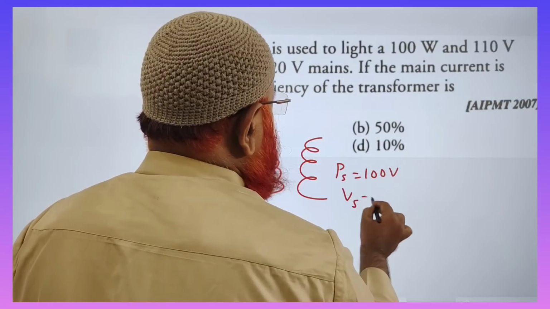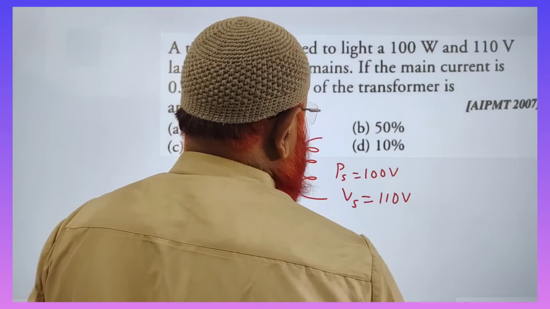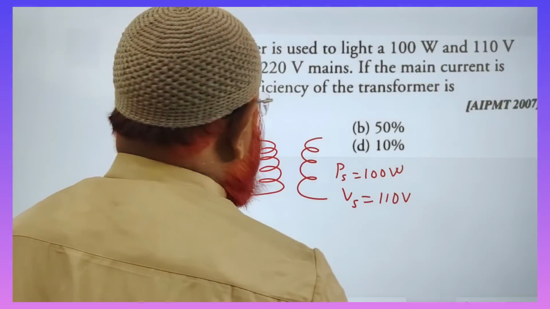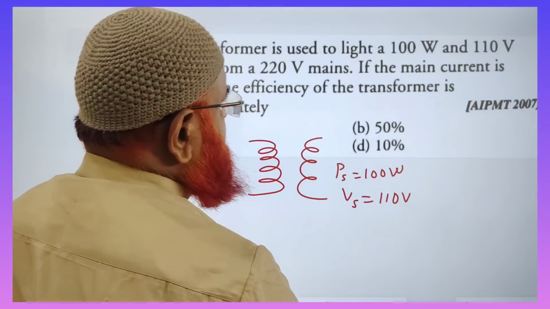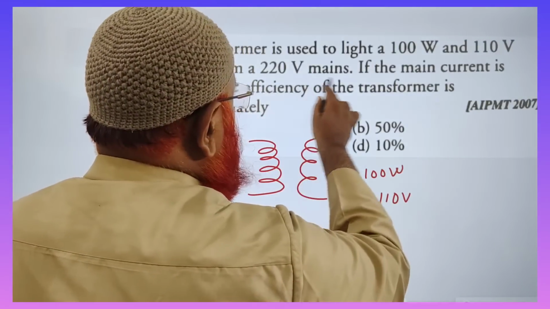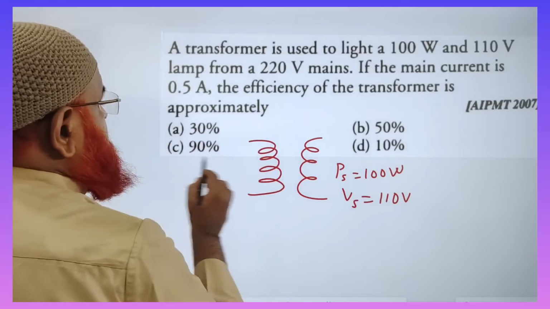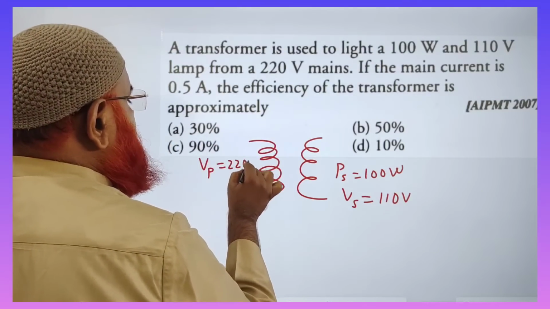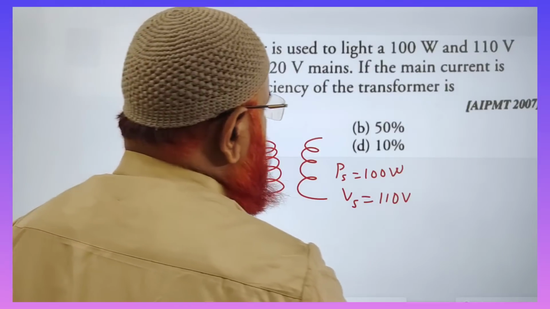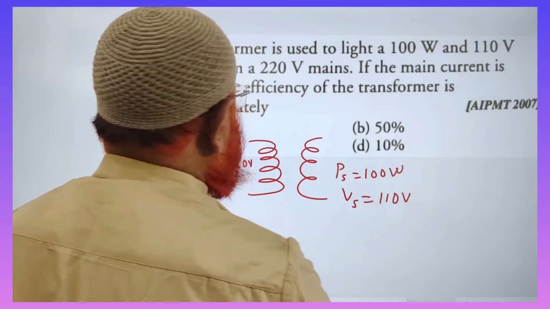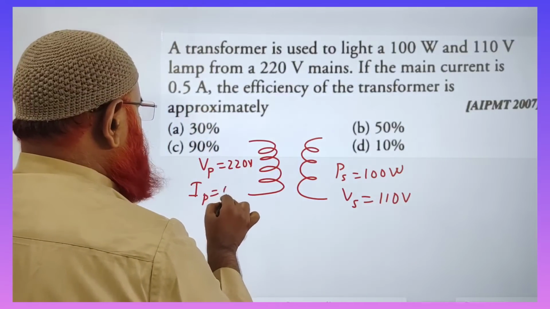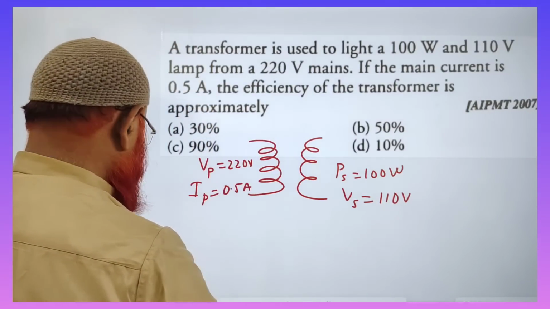And what is the voltage at the secondary? 110 volts. Watts means power, volts means voltage. The lamp is run from 220 volts main supply. Mains means input. Voltage at the primary, that is input, is 220 volts. If the main current is how much? IP is equal to 0.5 amperes.